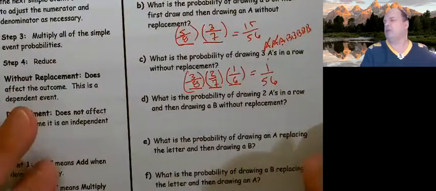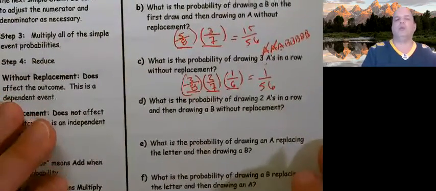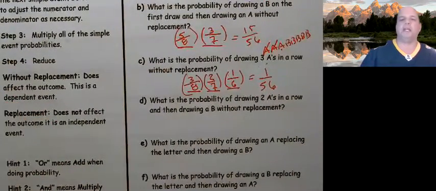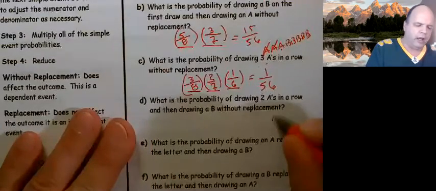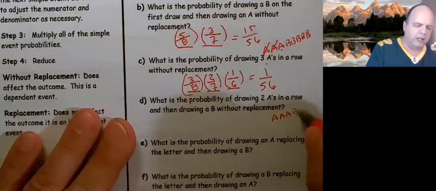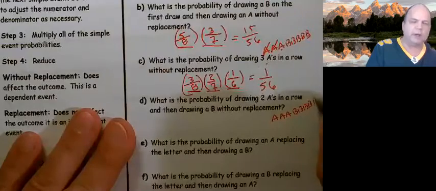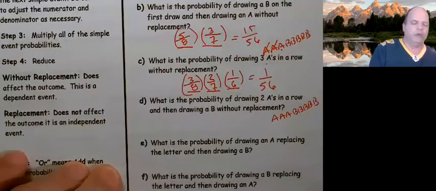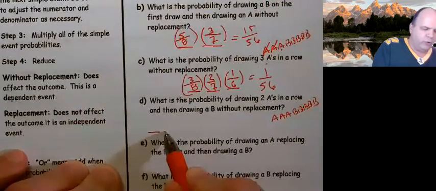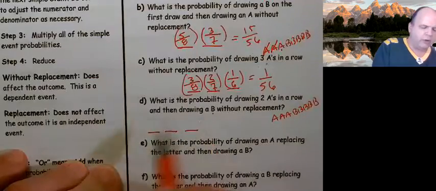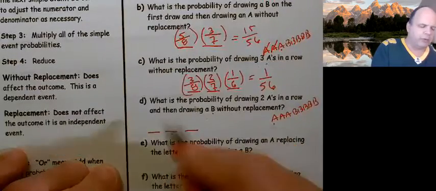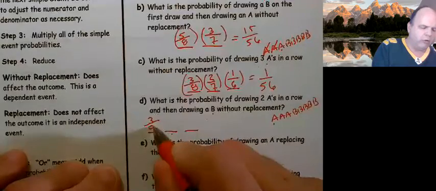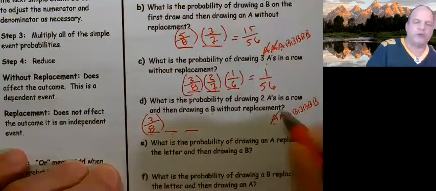What is the probability of drawing 2 A's in a row and then drawing a B without replacement? So once again, we're still working with A, B, B, B, B. 2 A's in a row, so 1, 2, and then a B. So there's my 2 A's and there's my B. The probability of that first A, 3 out of 8. But now we drew that.